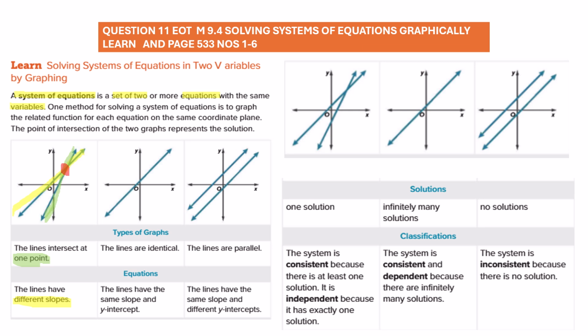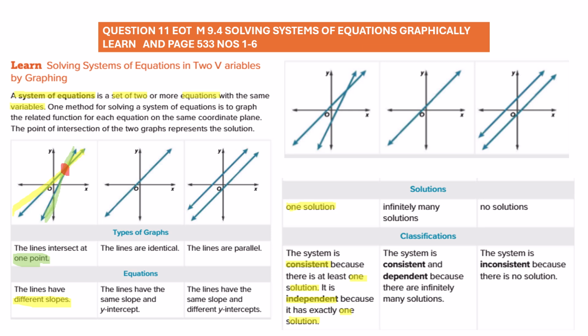So it means that it only has one solution. This brings us to concluding that the system is consistent because there is at least one solution. It is independent because it has exactly one solution.